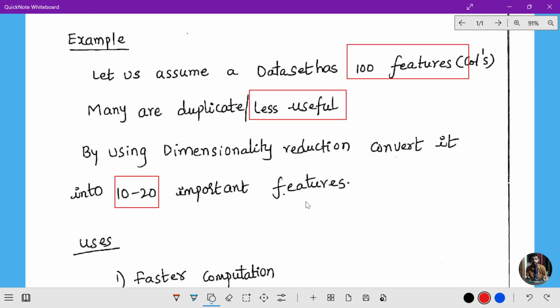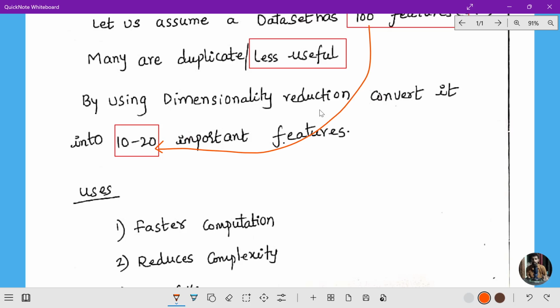We are going to reduce the redundancy or remove the unnecessary columns. I have 100 features and I want to reduce them into 10 or 20. This is what we call dimensionality reduction. Remember all of you, when you remove the features, you need to keep the important features as well, and we need to remove the unnecessary features.